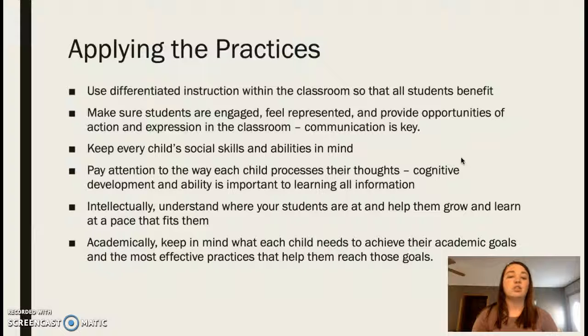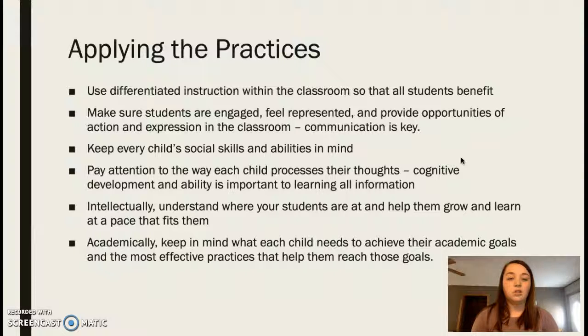Intellectually, you just need to understand where your students are at and help them learn and grow at a pace that fits them. So don't push them, but at the same time, help them grow at their own pace. And academically, just keep in mind what each child needs to do in order to achieve their academic goals. And just pay attention to the most effective practices that help each of them individually reach their goals.